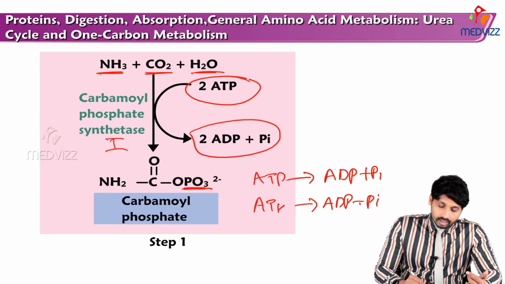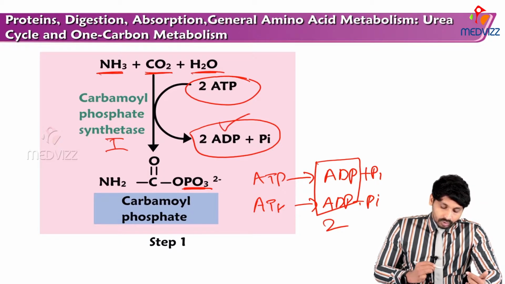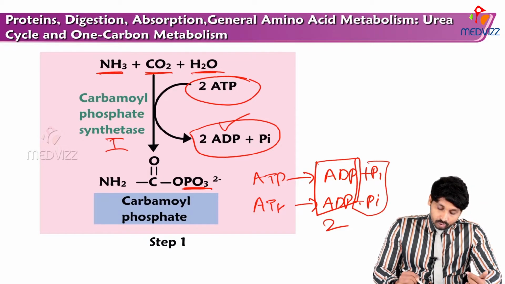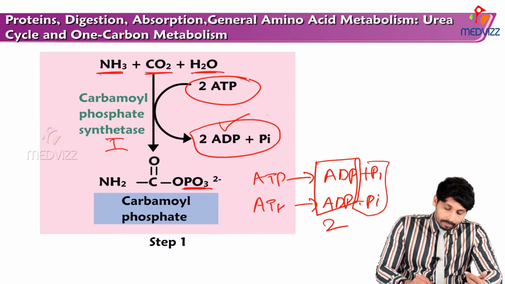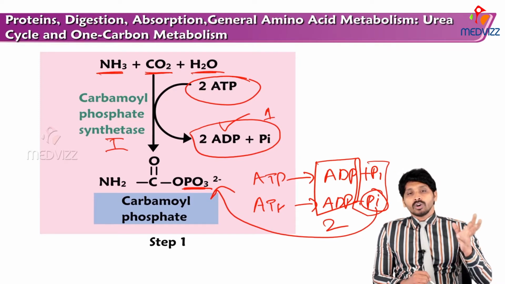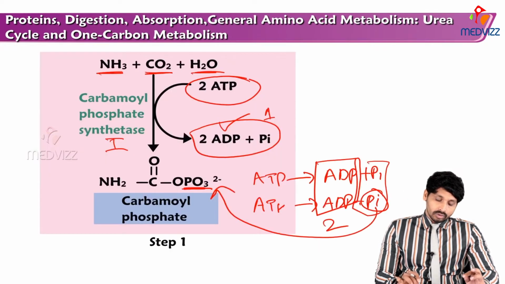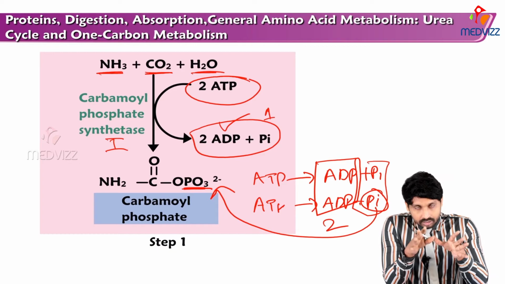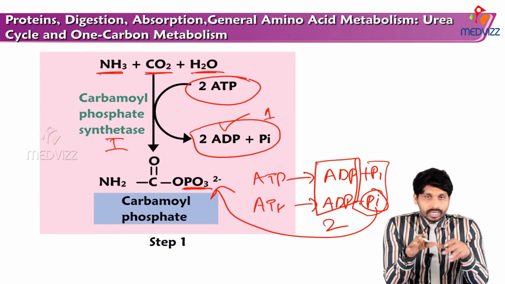So how many are there? We got 2 ADPs, but 2 Pi are supposed to be there and only 1 Pi is there, because that Pi is added to the carbamyl group to form carbamyl phosphate. So now it is equal to 2 ATPs.